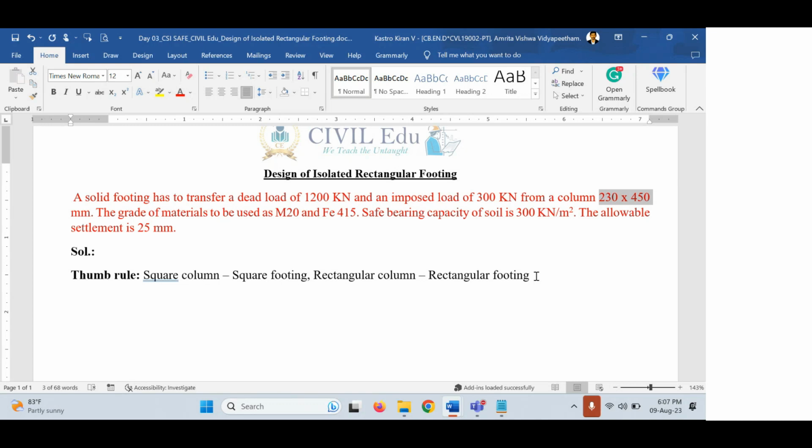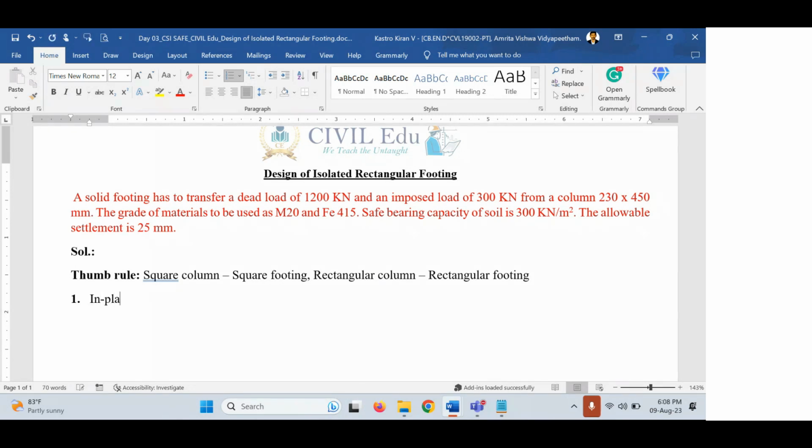That's the scenario here. Now, in the first step, we have to find the in-plan dimensions of the footing.